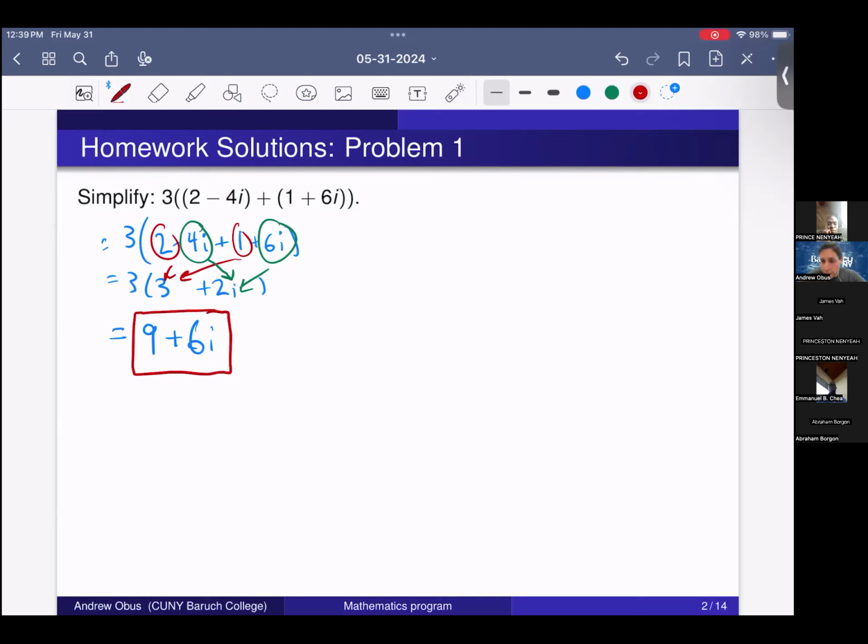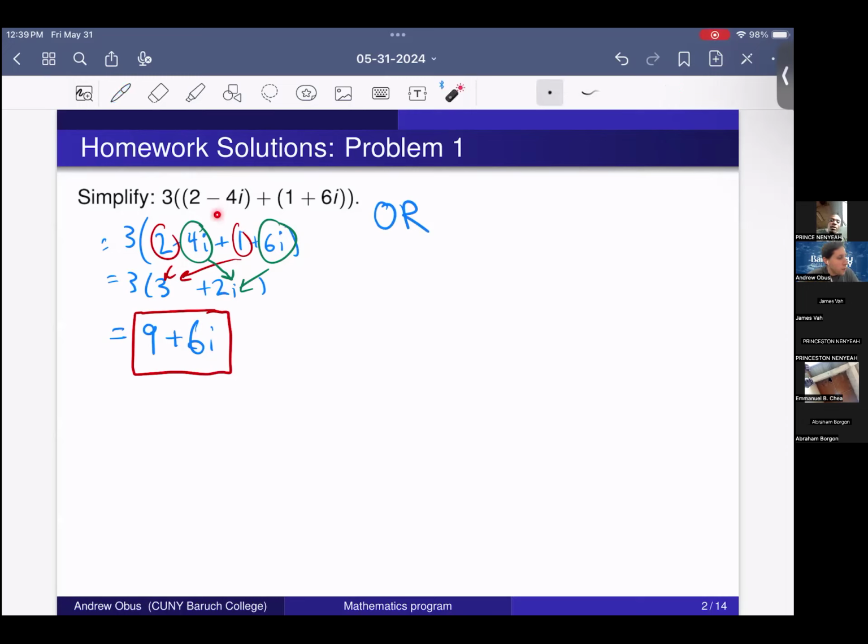Fantastic. Any questions about this? Yes, Prince. Do we have another method to solve this? Let's say, for instance, multiplying the 3 first and then getting the given number. Can it work out that way? Yeah, sure. If you want to multiply in the 3 first, that's fine.